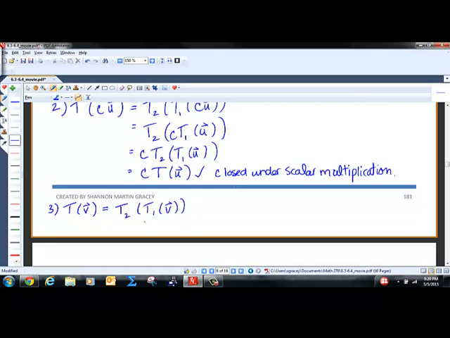Perfect. That is going to be A1 times V, right? And so we'll end up with T2 of this product.